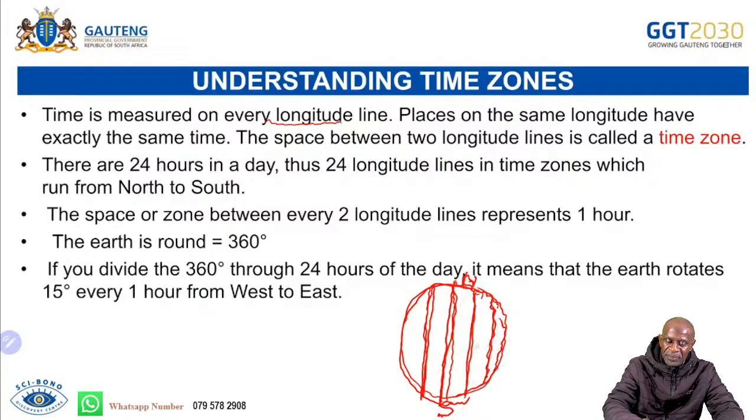I'm emphasizing longitude because there is an opposite concept to the longitude, which is a latitude. It runs from east to west. So this is a line of latitude, and there are so many, and they would form square shapes like this.